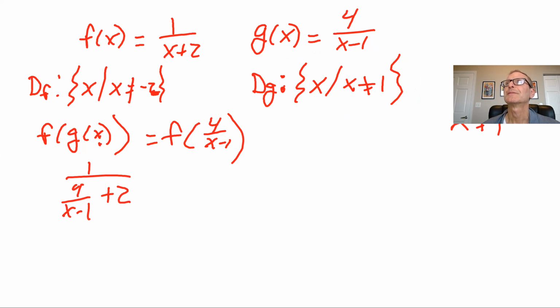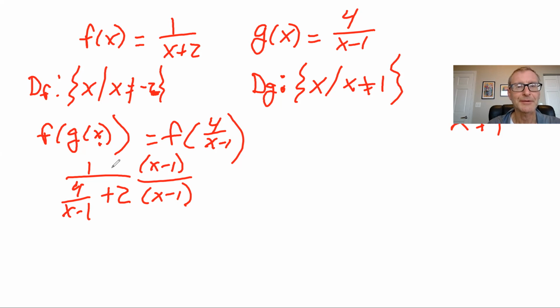And now you're looking at that and saying, how do we deal with something that crazy, right? And so when we take a look at this, what you want to do is you don't want a fraction and another fraction with this, right? So the strategy would be that if we take this and multiply both the top and the bottom by x minus 1, we'll be able to kind of smooth things out here with this 4 over x minus 1.